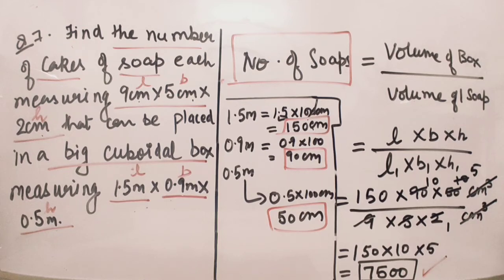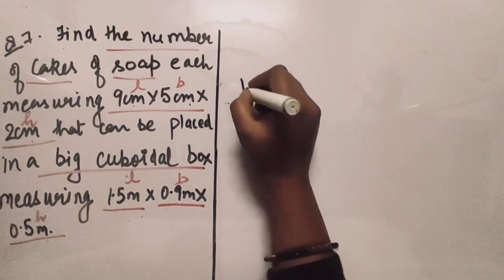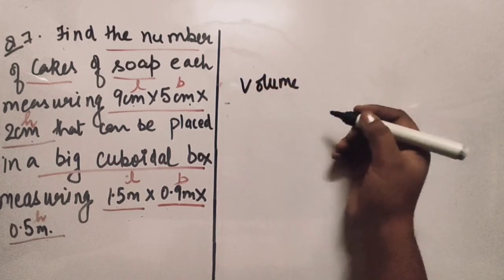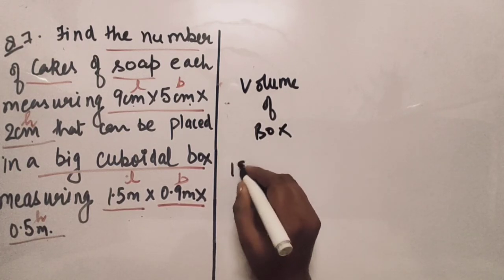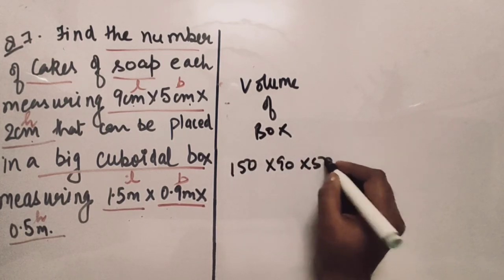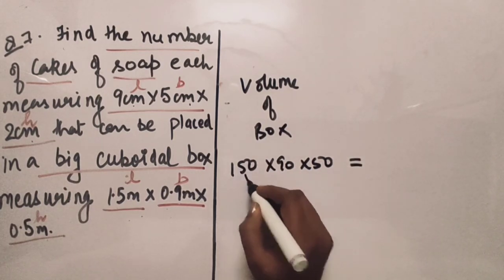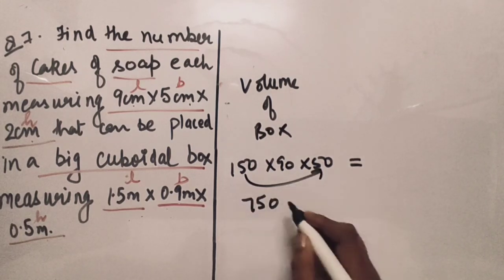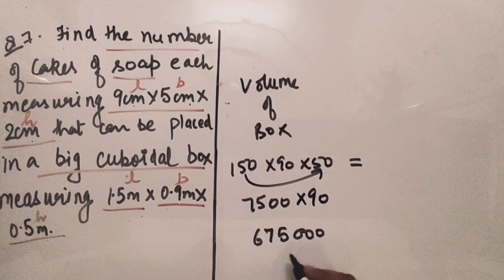If you want to check your answer, whether the volumes are equal or not, let's verify whether our answer is coming correct. The volume of the box is 150 into 90 into 50. If we calculate this, 150 into 50 will be 7500, into 90, so its answer will be 6,75,000.